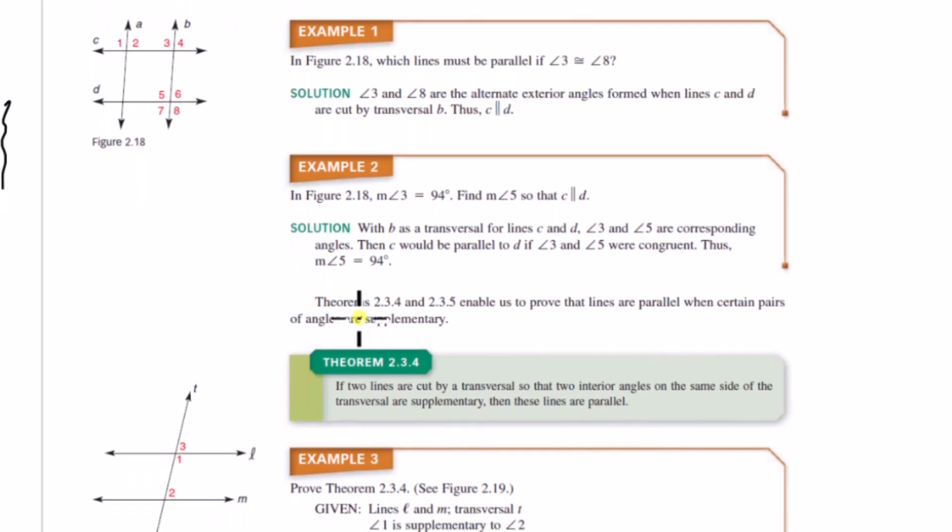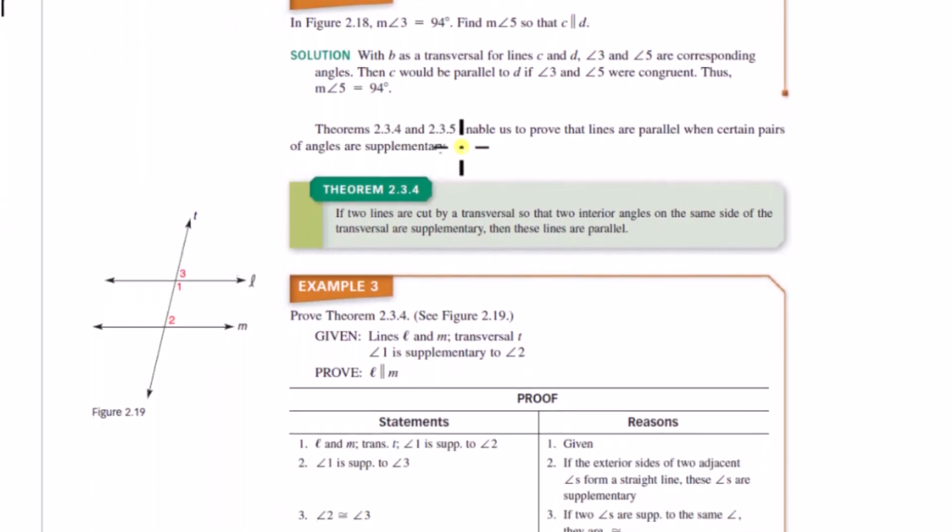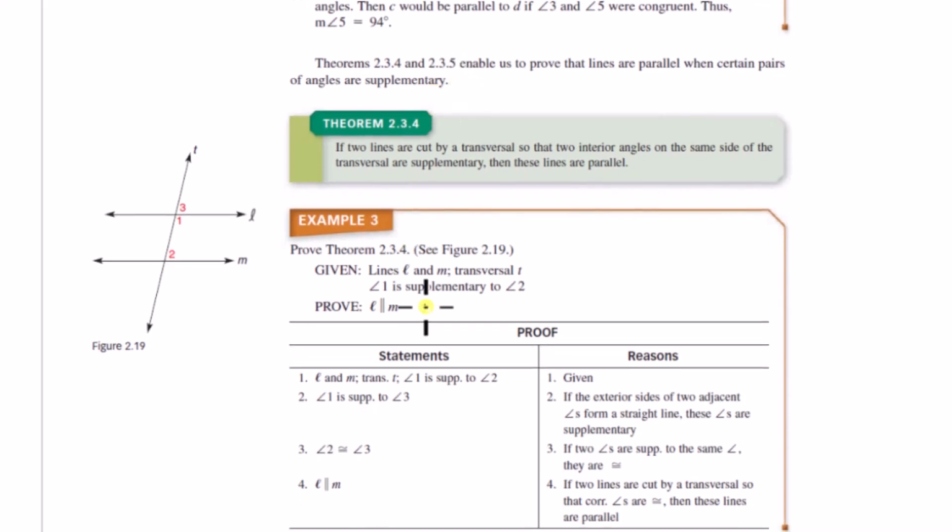Okay. Theorems 2.3.4 and 2.3.5, which are coming up next, enable us to prove that lines are parallel when they contain pairs of angles that are supplementary. Because when it came to angles created by a transversal cutting across two lines, that was another consequence you had. What was it? The pair of interior angles on the same side of the transversal were supplementary, and the pairs of exterior angles on the same side of the transversal are supplementary.